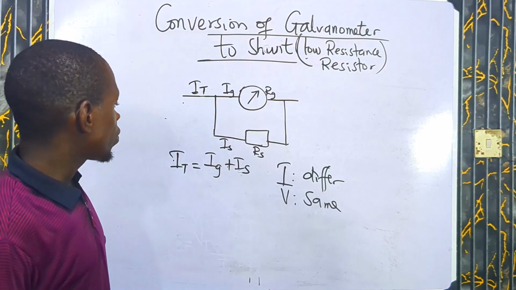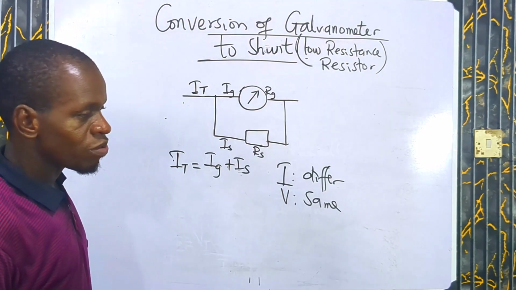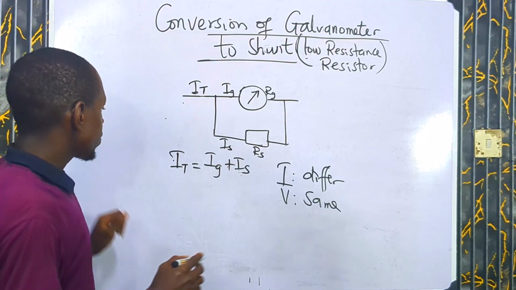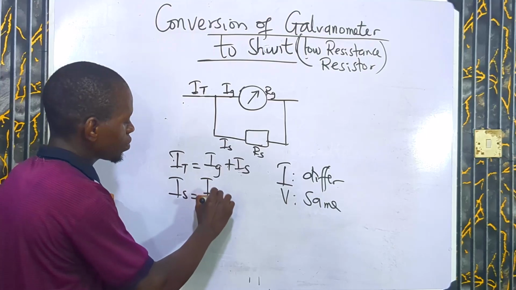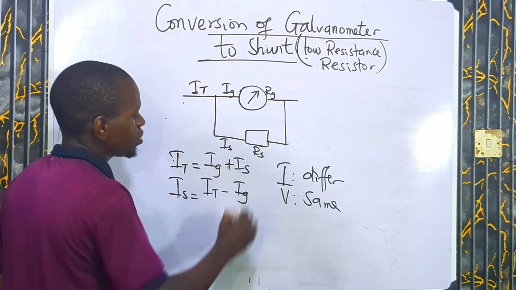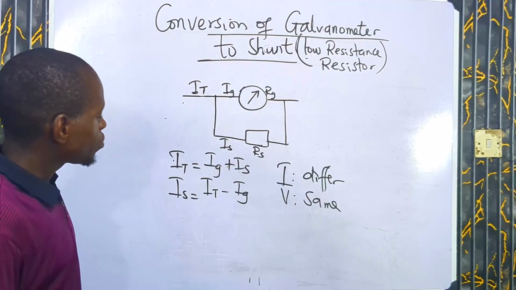All right, so what is going to be my IS? My IS will be equals I total minus IG. But there's something that I need to remember.